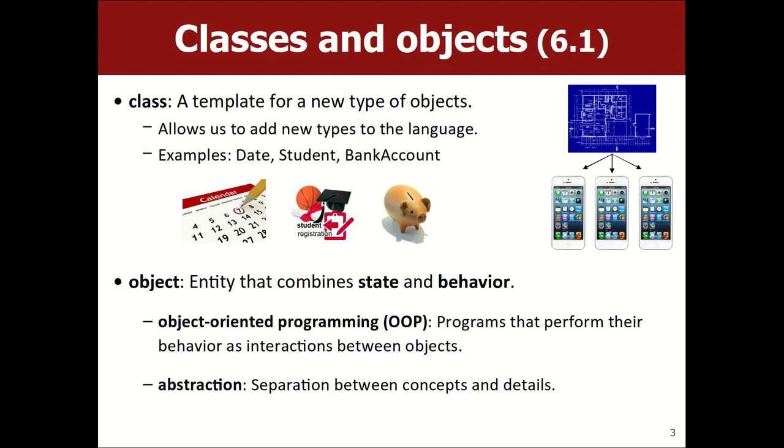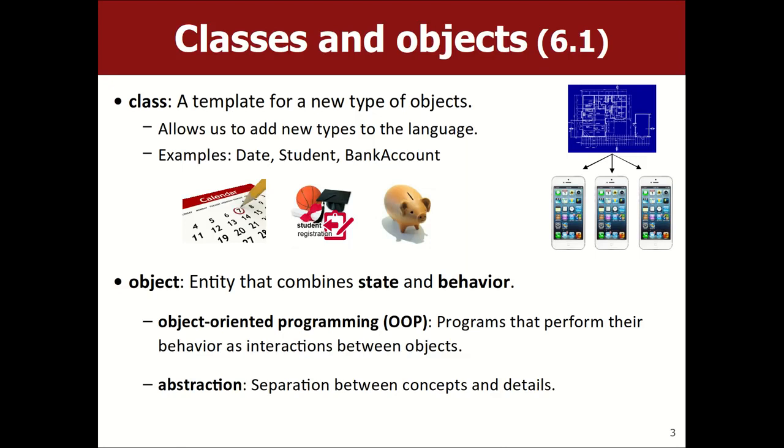My joke is, if you're making a Warcraft game, there's no orc data type. Maybe it's important to your program. Maybe you want there to be a data type called orc. So if you want to make a new type of data and put it into your program, you have to write a class. A class is a template for a new type of objects.